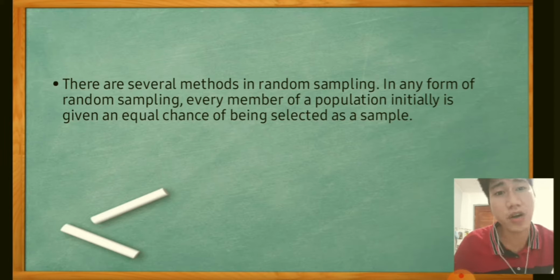In any form of random sampling, every member of the population is initially given a chance to be selected for the sample. So always remember that every individual of the population has a chance to be selected, because we want a sample that will represent the population.